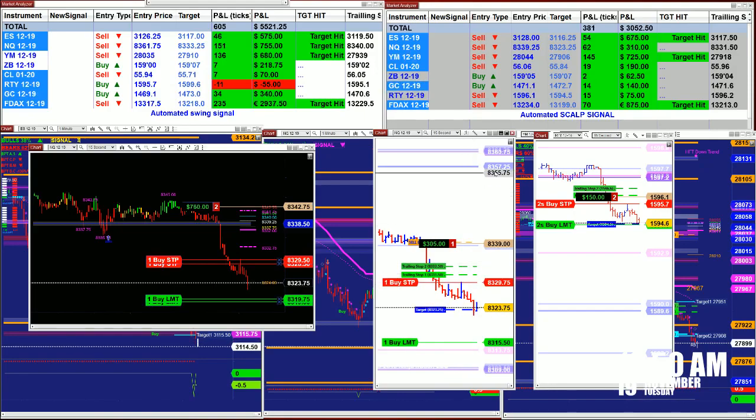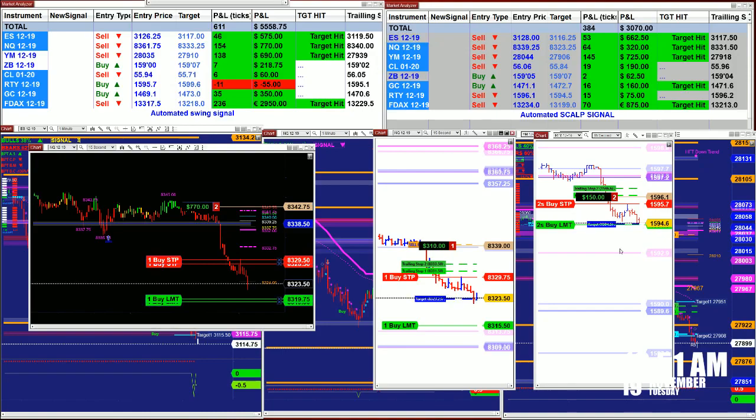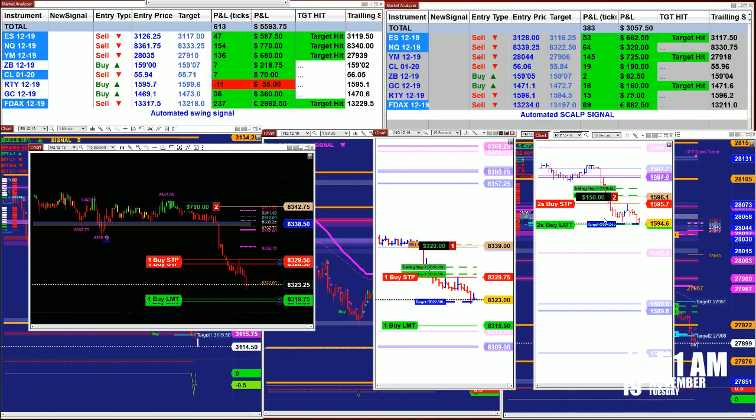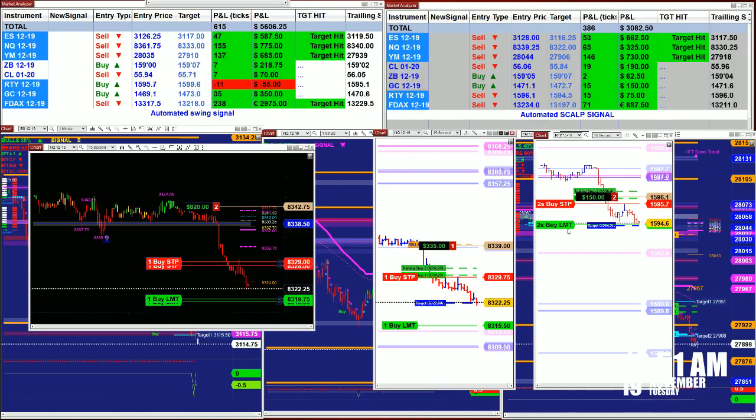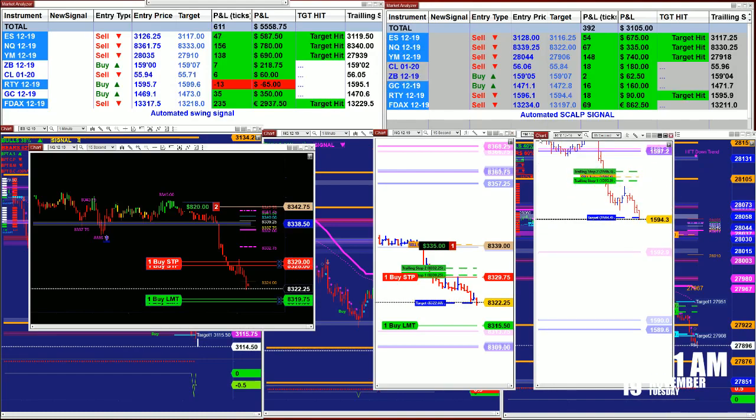Hopefully we can drag a little bit more. I'm going to have this position close on the Russell, and as you see right now it is playing cat and dog with the close.